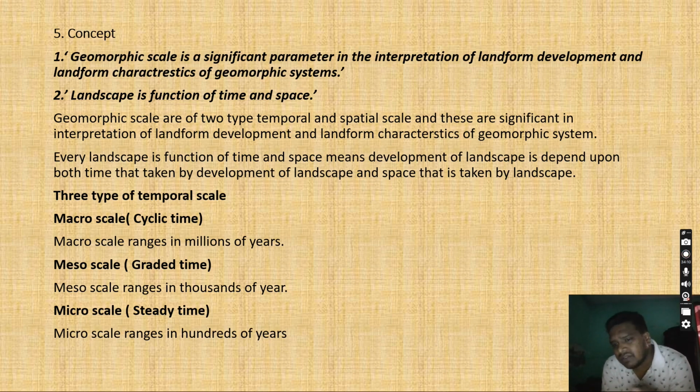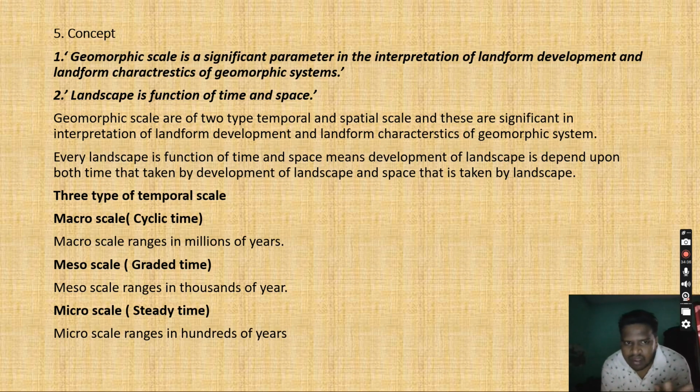What are the geomorphic scales? We can understand that landscape is a function of time and space, so here we have two scales: temporal scale and spatial scale. Temporal scale is telling about time, and spatial scale is telling about the space consumed by a geomorphic system.